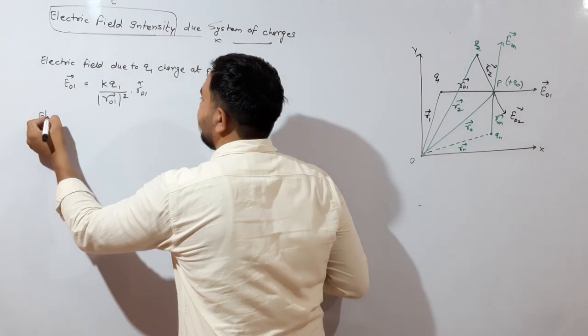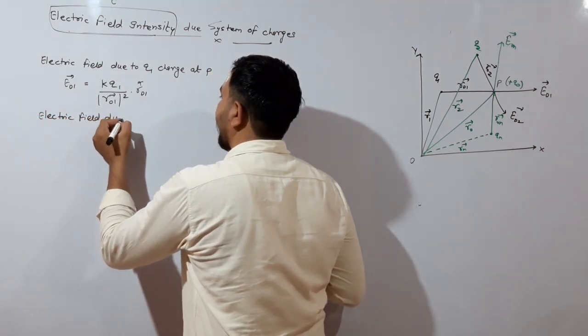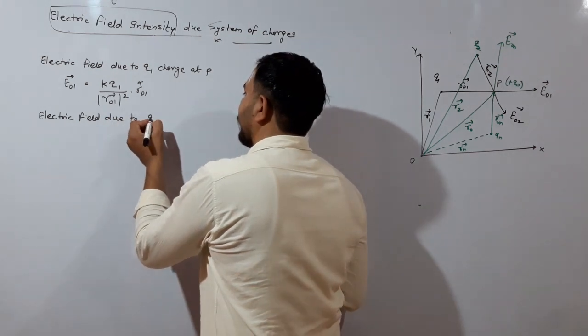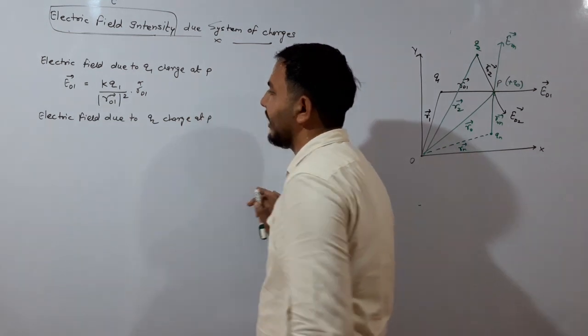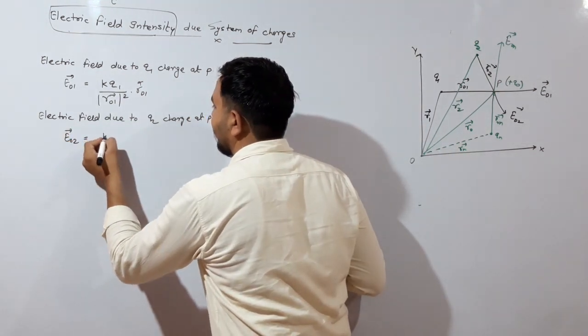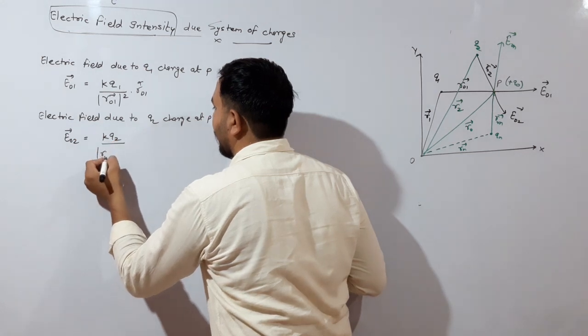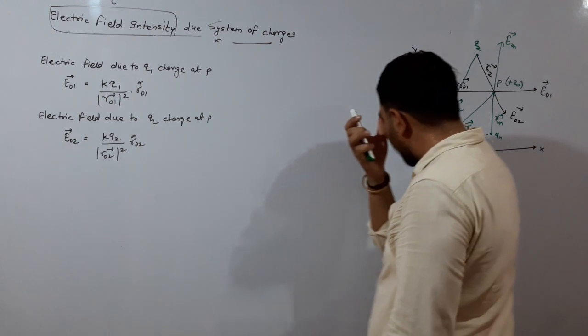Electric field due to Q2 charge at P: E naught 2 vector is equal to KQ2 upon r naught 2 square, cap of r naught 2.